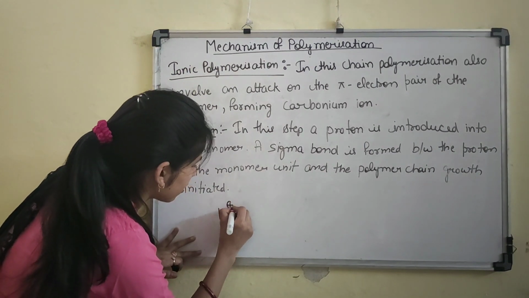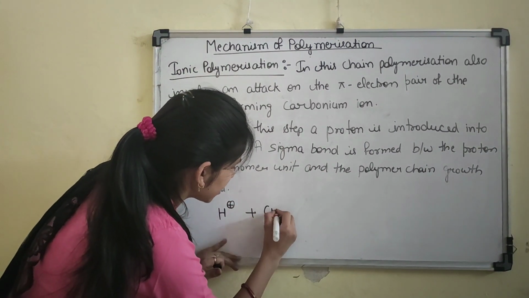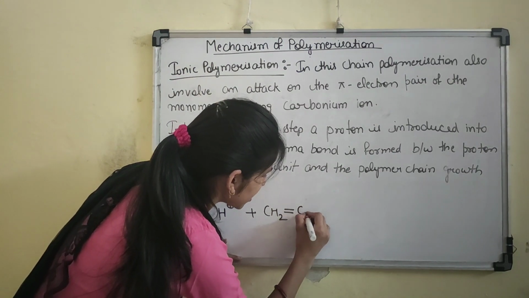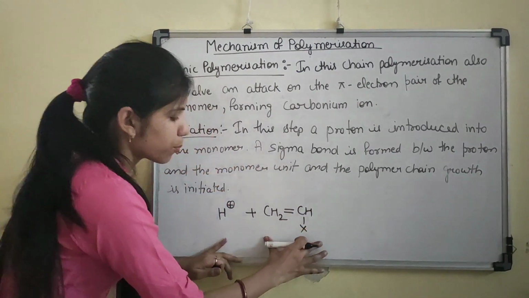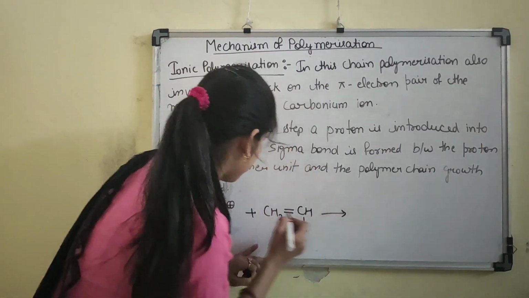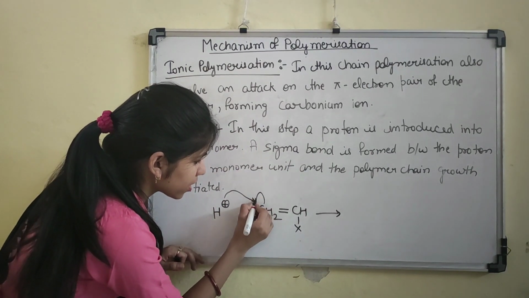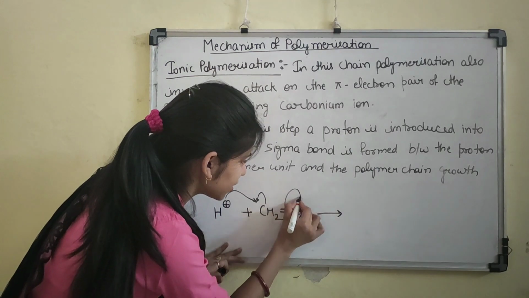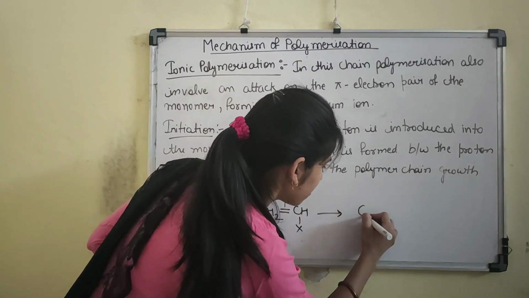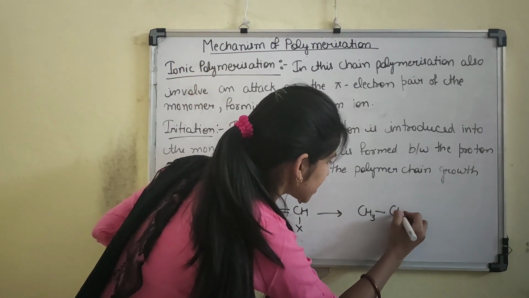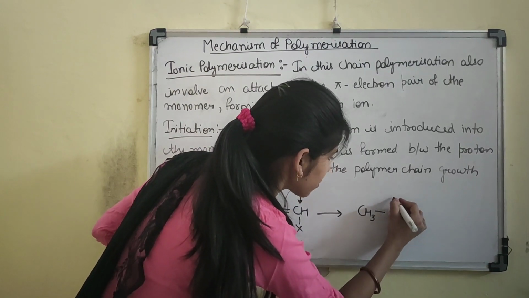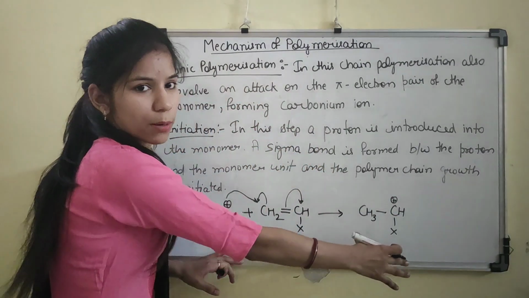This is the proton and this is the monomer unit. So they form CH3, CHX, and there is a positive charge.